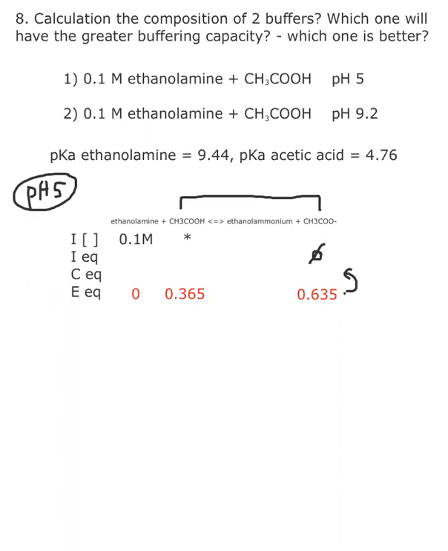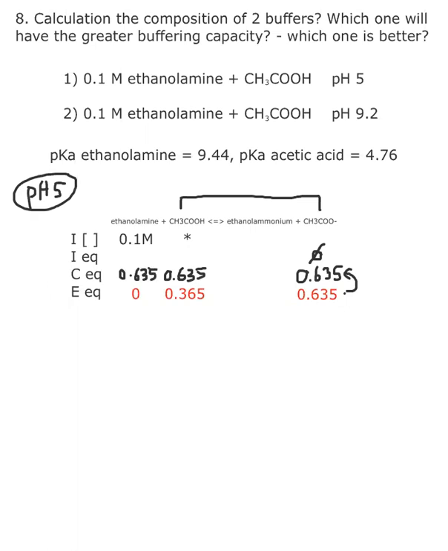So it means that the amount that had been changed for acetate is actually 0.635, and this amount is applied to every chemical here. Acetic acid also changed by 0.635, and ethanolamine actually changed by 0.635.